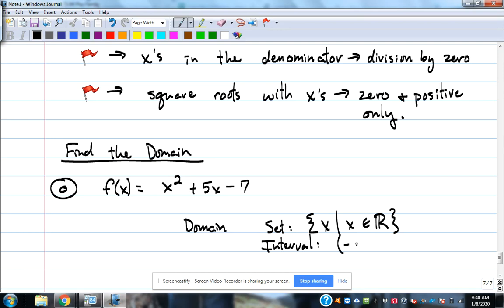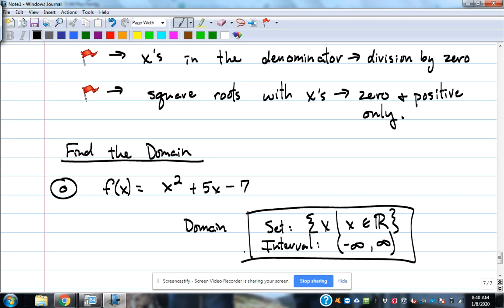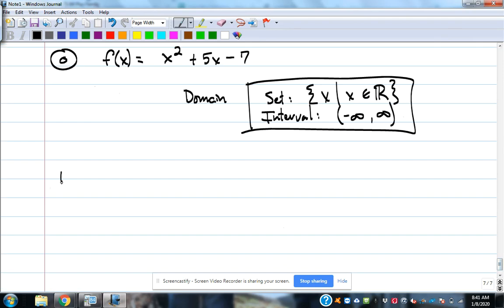In interval notation, that's negative infinity to positive infinity. That's the domain for that function. No red flags. So the domain's automatically that. Everybody starts there. We carve out the parts that we don't need. Okay, let's look at this one. Call this one g of x, just a different name for a function.